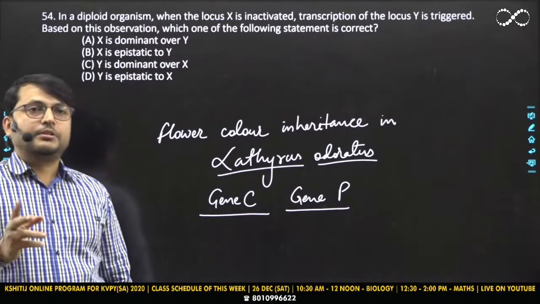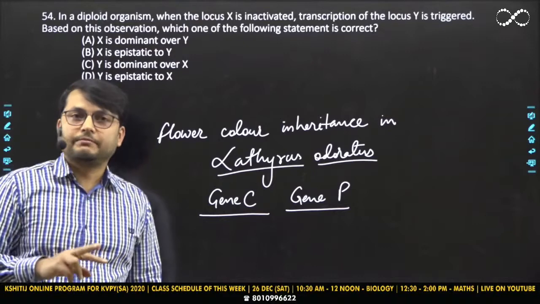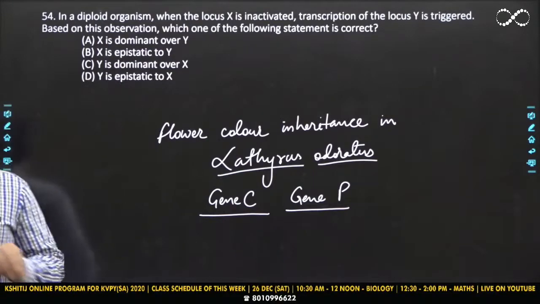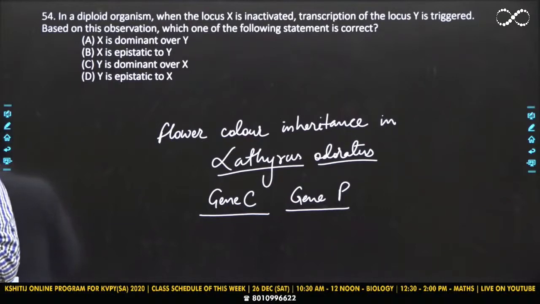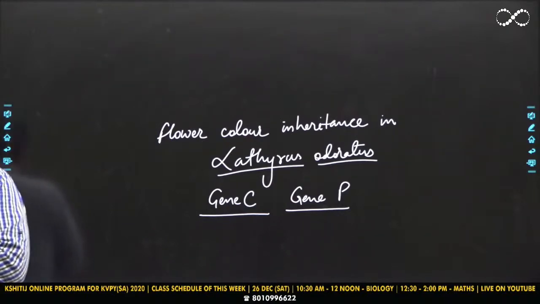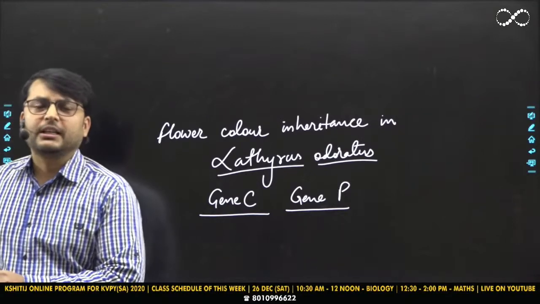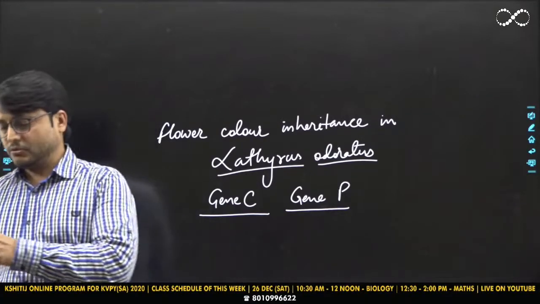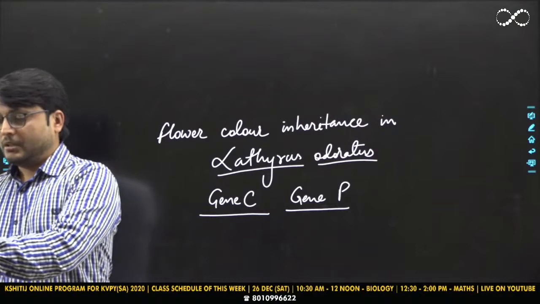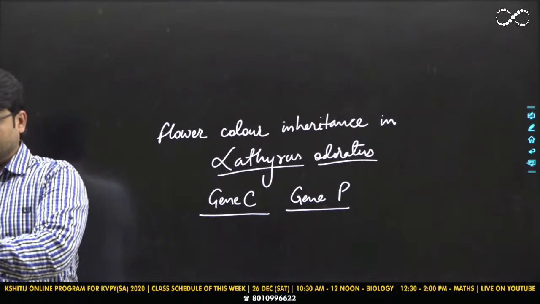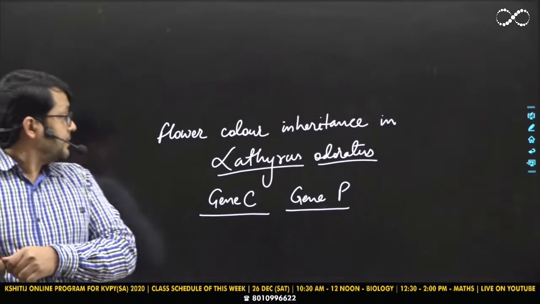Whenever there is gene interaction, Mendelian genetics fails, right? We have spoken of interallelic and intraallelic inheritance, which has given rise to phenomena like incomplete dominance, codominance, epistasis and other things, correct? So all this we have seen.